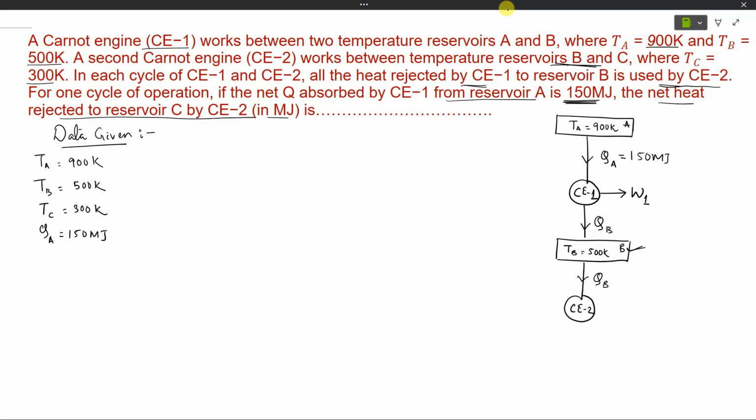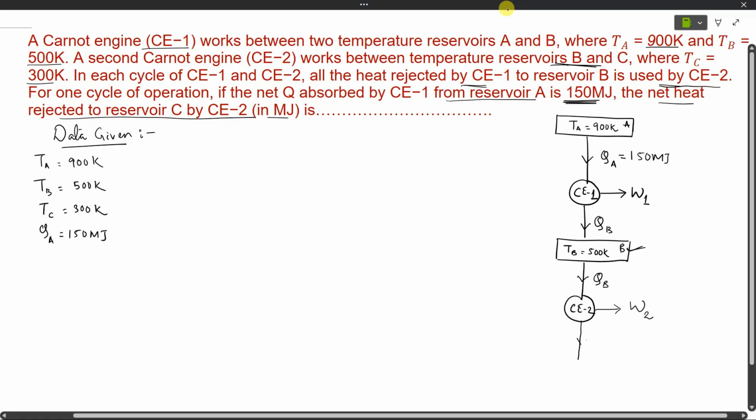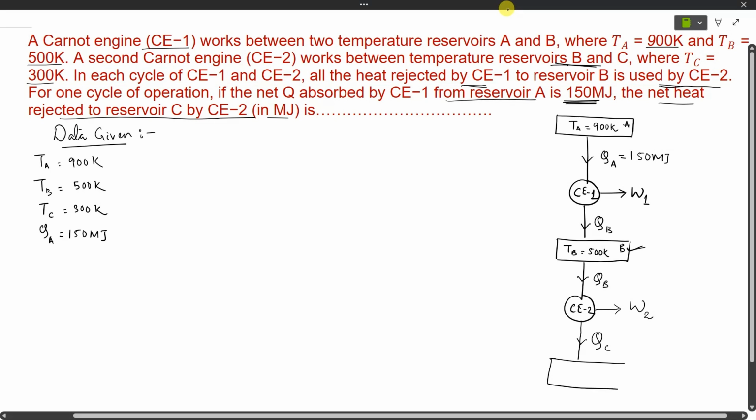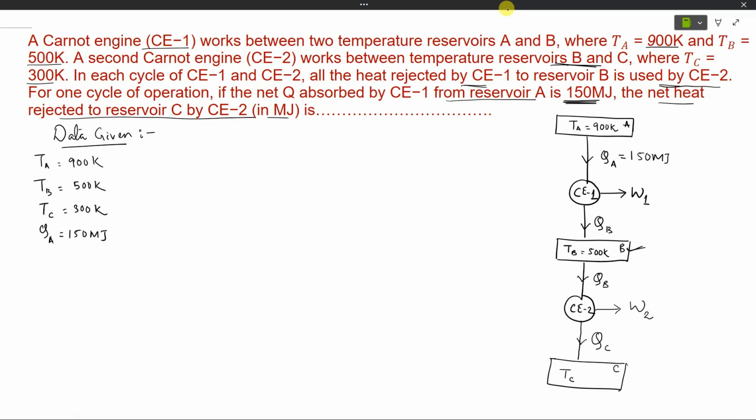And after performing some work by Carnot engine 2, the remaining amount of energy is rejected to the reservoir, let's say the reservoir C, having temperature as per the question TC equal to 300 Kelvin. So now I think the diagram is clear according to the question.